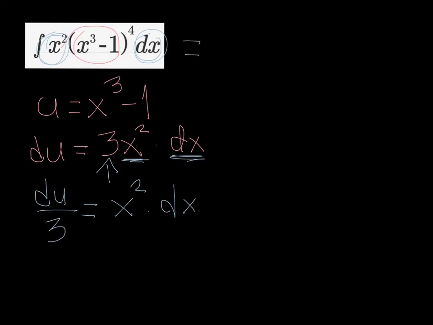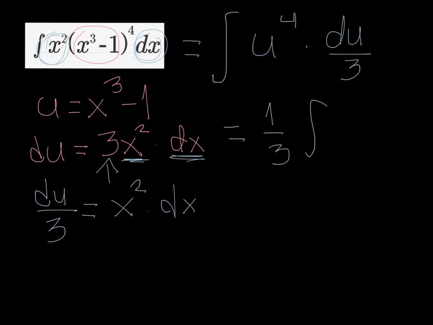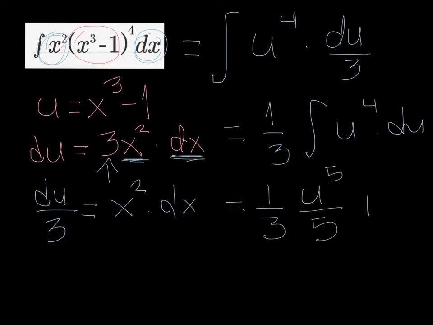So let's do our change of variable. This will be the integral of u to the 4 times du over 3. And we can do the integral by first taking out of the integral sign the constant, which is 1/3. 1/3 times the integral of u to the 4 times du, and then integrating u to the 4, which integral is, as you know, u to the 5 over 5 plus c.